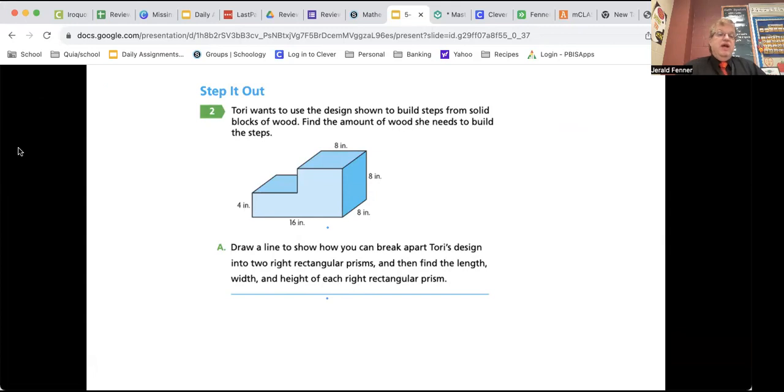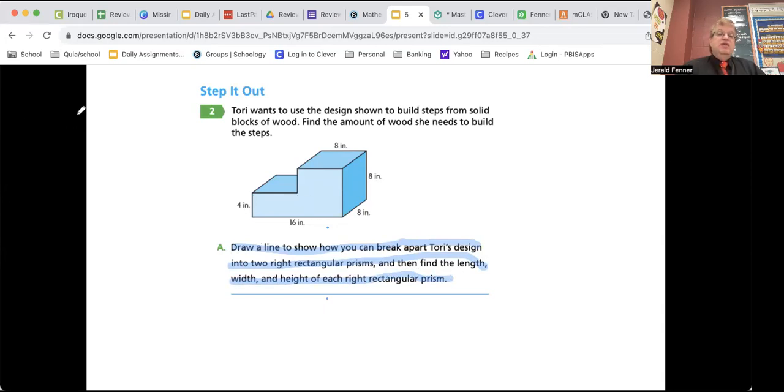So what they are asking us to do is to draw a line to show how you can break Tori's design into two right rectangular prisms and find the length, width, and height of each rectangular prism.